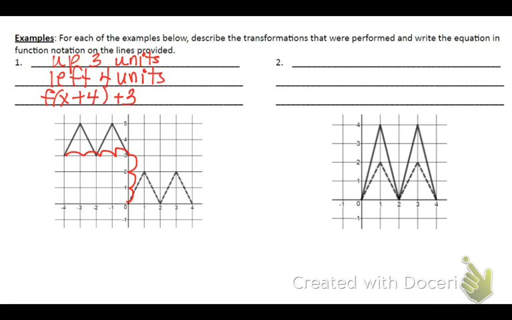Now for number 2. What's happening there? Yeah, it's enlarging. It's stretching. How do I know it's a stretch? Okay, it doesn't move left or right or up and down, but it... What's that motion that you're doing with it stretches? It gets taller, maybe. So if I'm looking at this y value, what is my original y value going to be? 2.